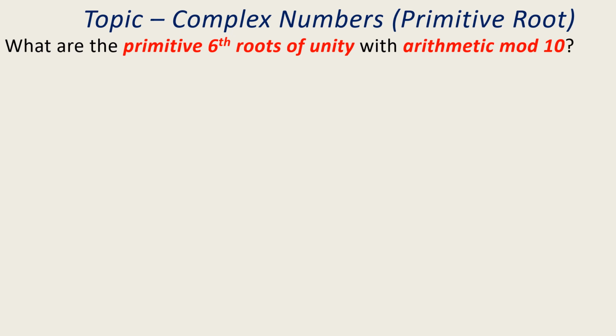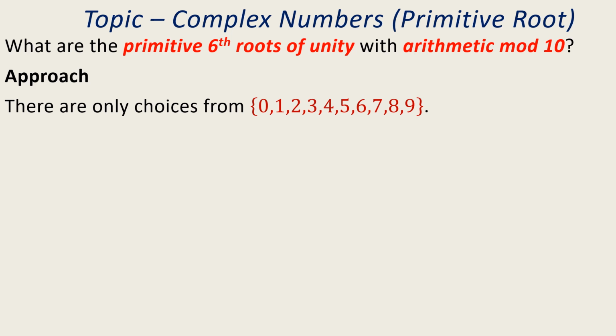So a question you might see in some form is to identify the primitive, let's say, sixth roots of unity with respect to arithmetic being carried out modulo 10. In other words, arithmetic where you only look at the last digit, the least significant digit of the number. So how do you deal with this?